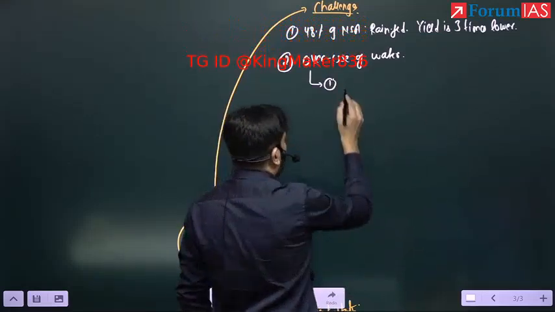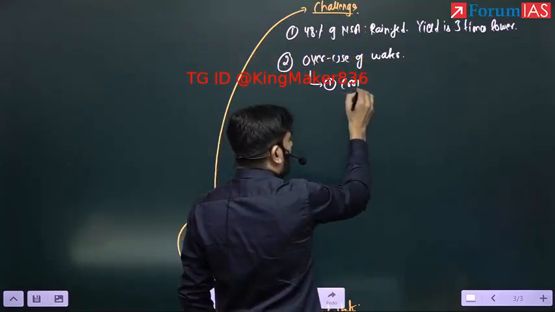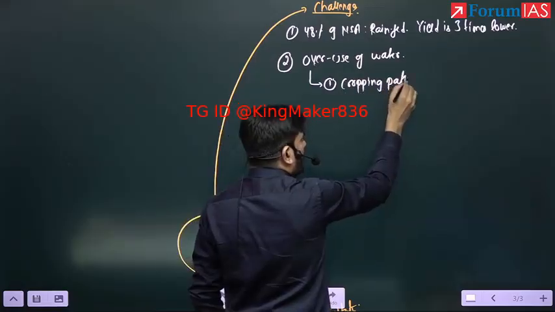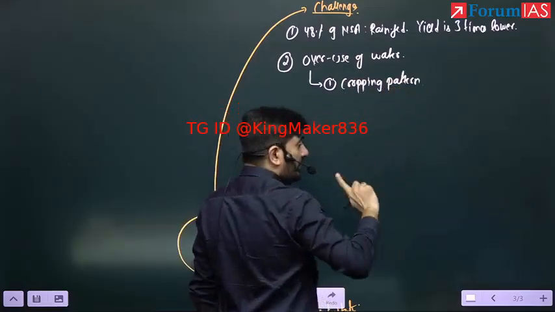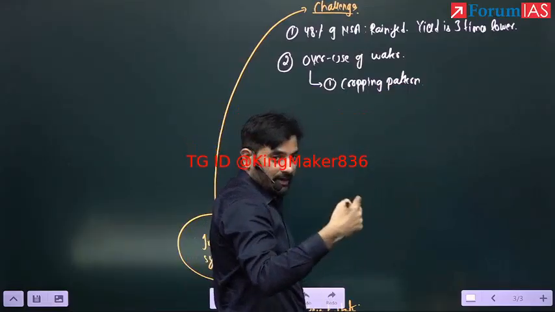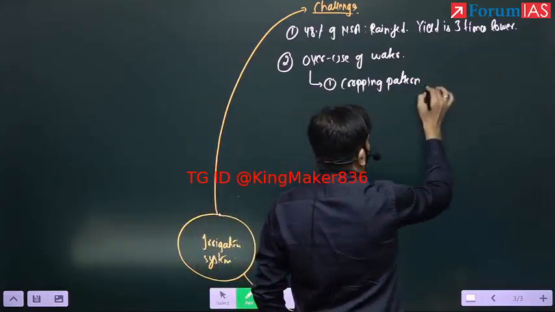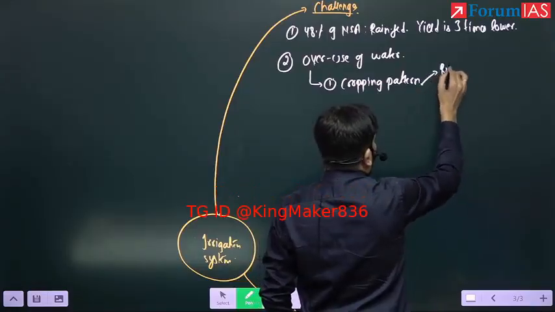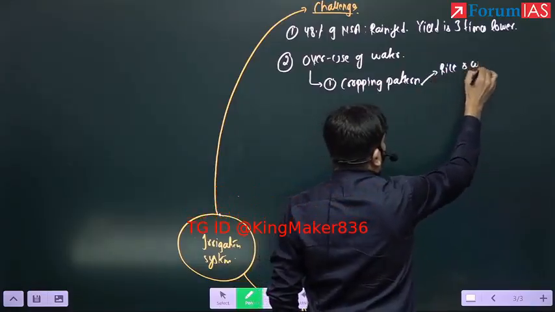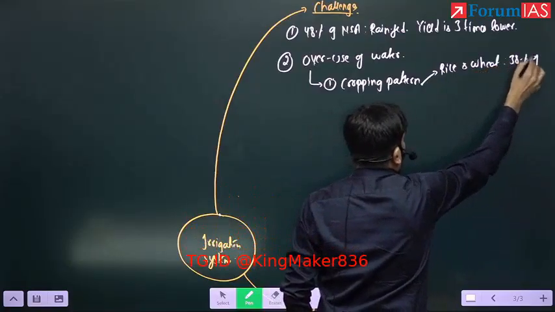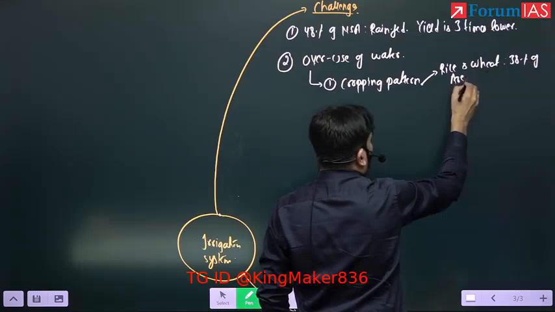Cropping pattern wise, are you able to remember the data which I gave you with respect to cropping pattern? 38% of the area is under rice and wheat. Cropping pattern one is rice and wheat accounts for 38% of the area.